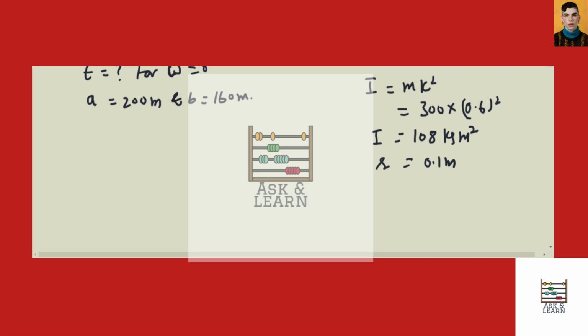Now see the geometrical view of the drum. This is the center O point, with tensions T2 and T1, and I into alpha.